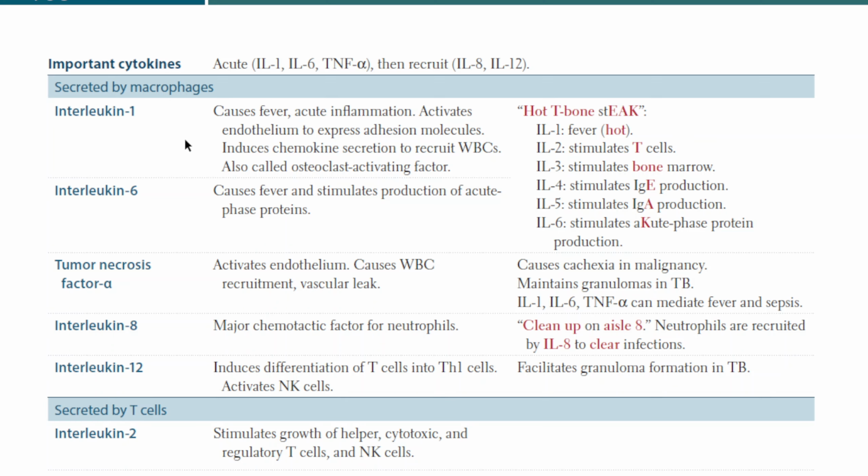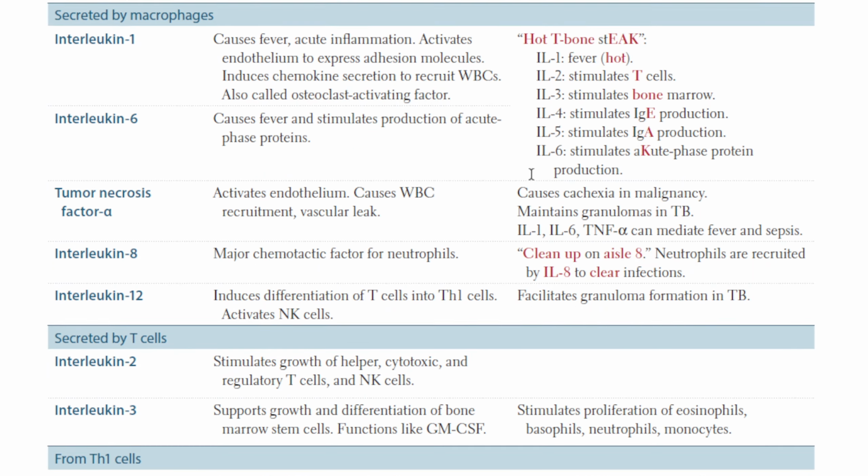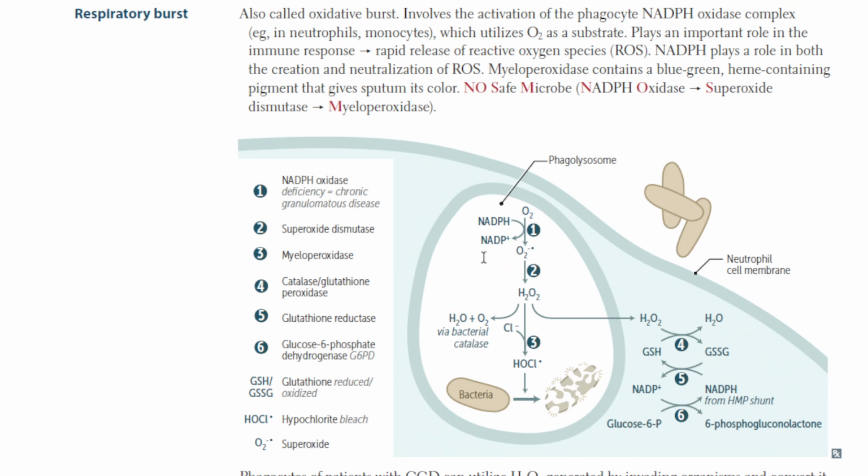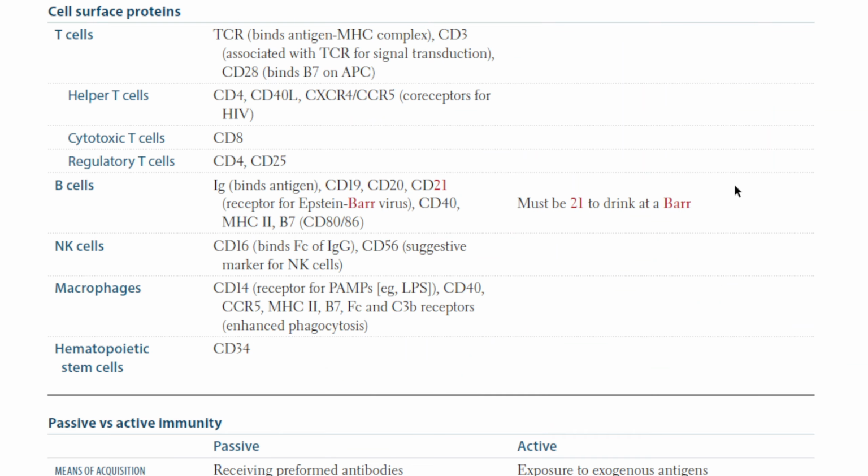We're going to read about the different interleukins, 1, 6, 8, 12. And we're going to talk about respiratory burst. This is a process through which bacteria are destroyed in phagocytosis.